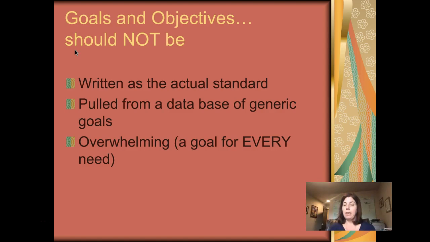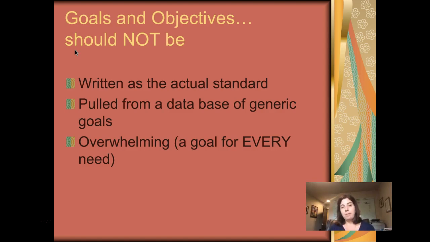So you really need to, again, start with the assessment data and present levels, look at that individual student's needs, and create goals that way. You can always look at examples, but you want to make sure that you very much consider that individual student's needs.